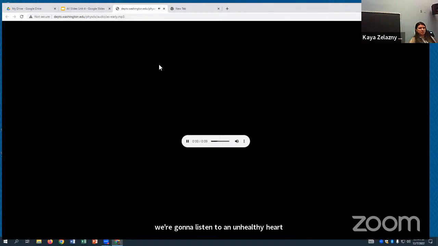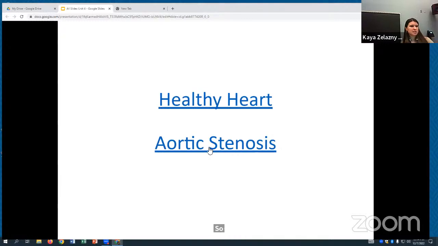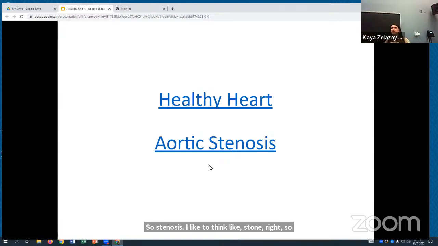What we're listening to here is a heart with aortic stenosis. Stenosis, I like to think of like stone, right? Aortic stenosis means that the aortic valve has become hardened, so it's not appropriately closing and opening.